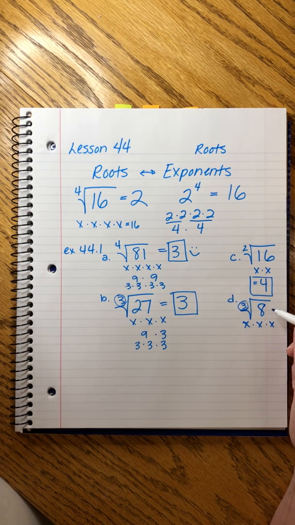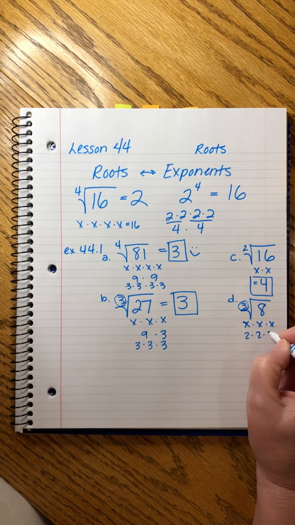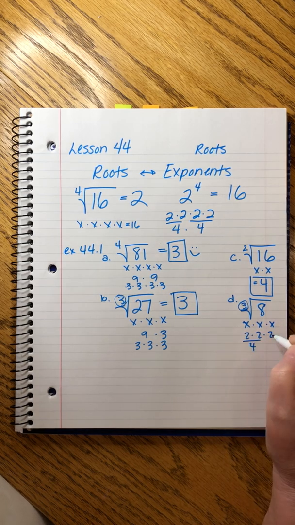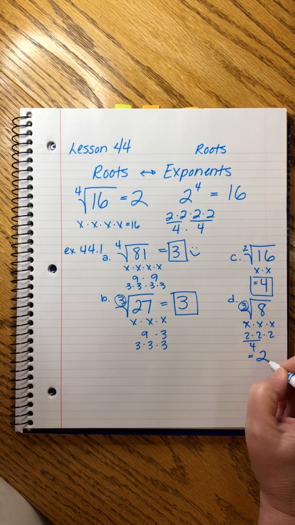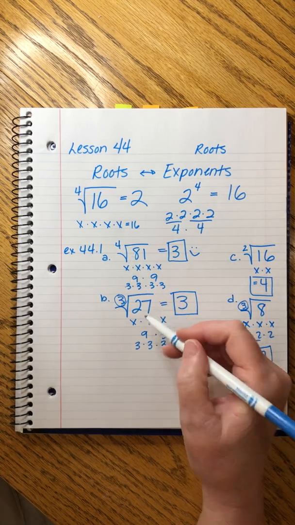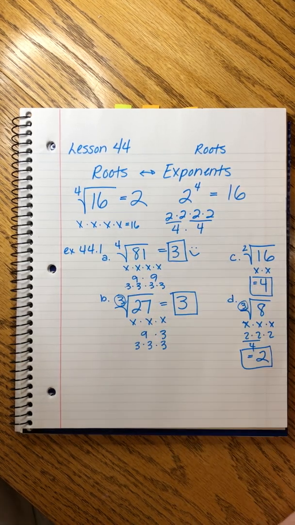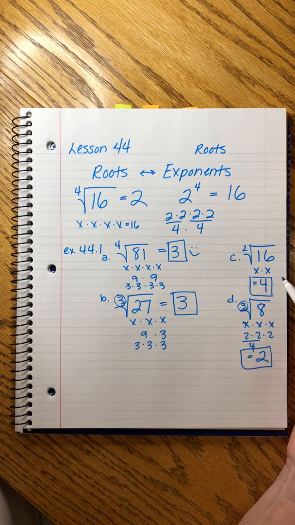It's not 1. 1 times 1 times 1 is 1. Let's try 2. 2 times 2 is 4 times 2 more is 8. Okay, so we know that this equals 2. Most of these numbers that we'll be trying to find the root of, the root will be pretty small. 2s and 3s and 4s, occasionally a 5, but we're not going to get big because those are hard to figure out.